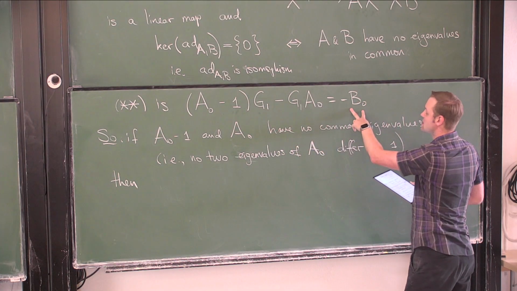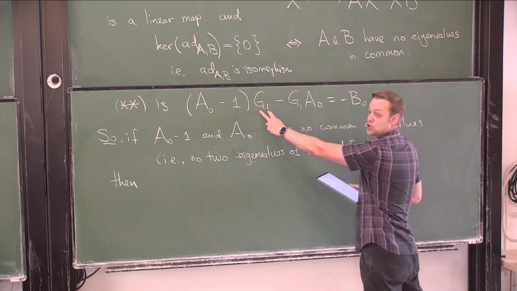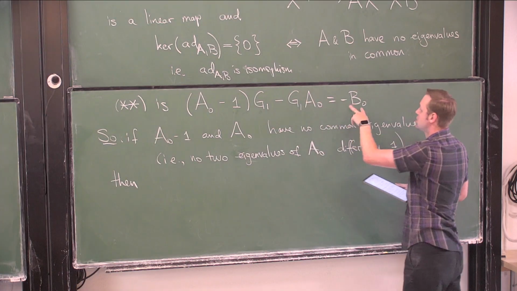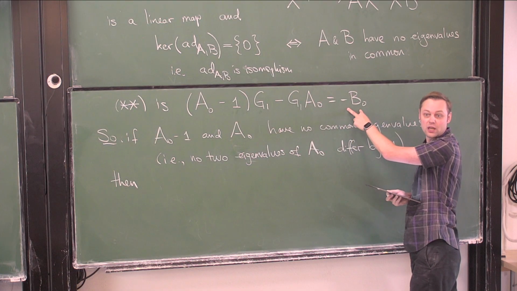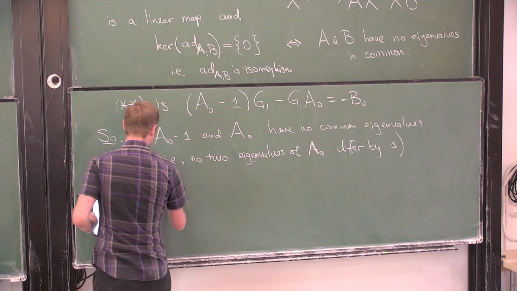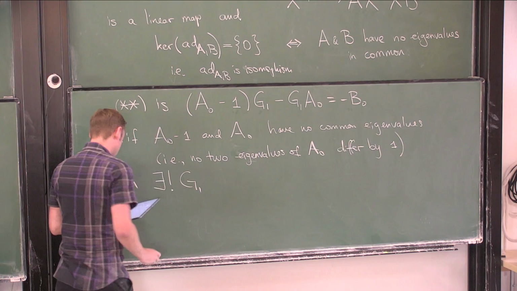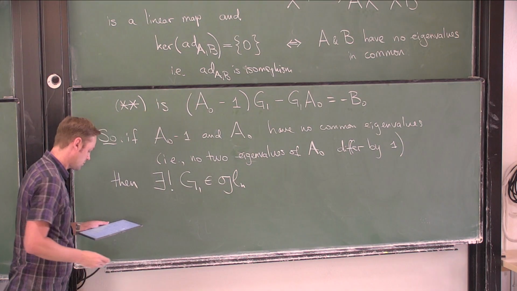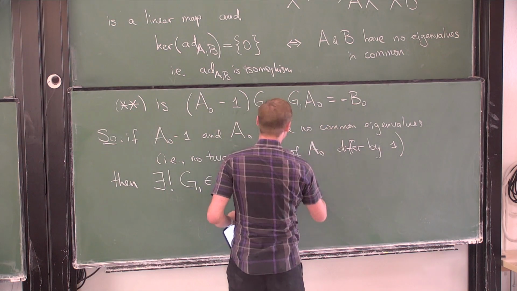So there must exist an element G1 in its domain which is mapped to this element in its codomain. In other words, there exists, in fact, a unique constant matrix G1 satisfying double star.